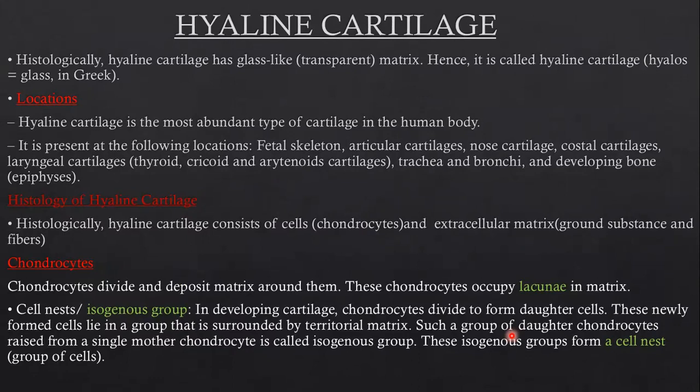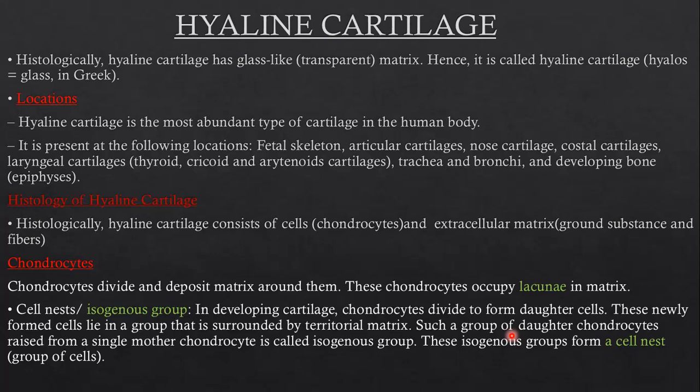Where is it located? It is the most abundant cartilage in the human body. It is present in the following locations: the fetal skeleton, the articular cartilage, the nose cartilage, that is the septal cartilage. You have the costal cartilages. We have the laryngeal cartilages, the thyroid, cricoid, and the base of the arytenoid cartilage.